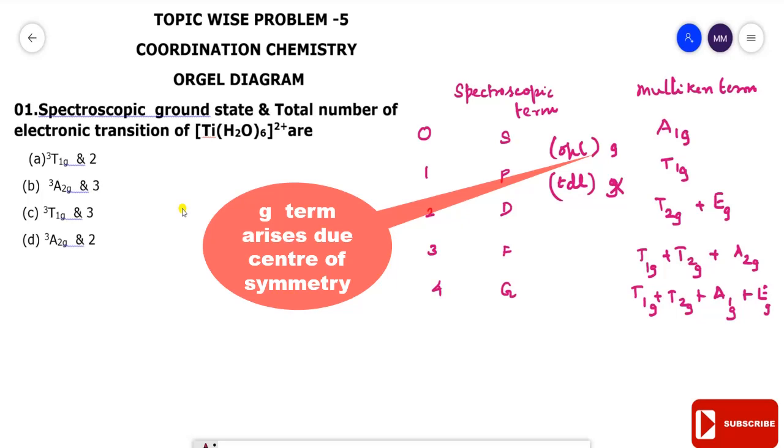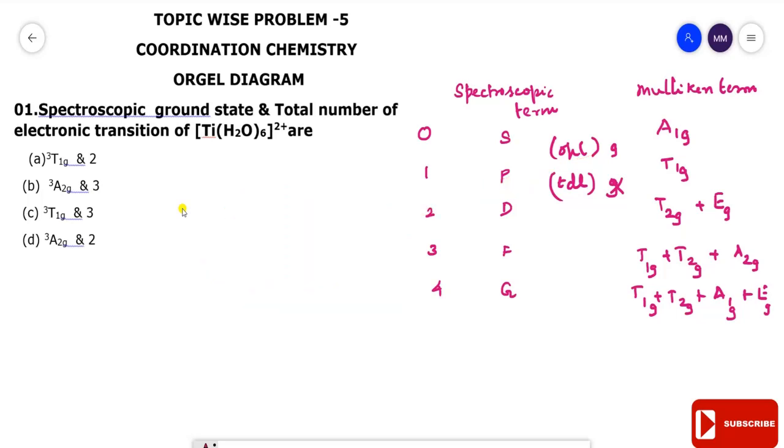Now come to the topic. In case of titanium hexaaqua 2 plus, what happens? The titanium is in the +2 state, correct? So in the 2 plus state, what is the number of electrons? It is the d2 system. It is clear? So the d orbital splits into 5 orientations, the magnetic quantum number +2, +1, 0, -1, -2.